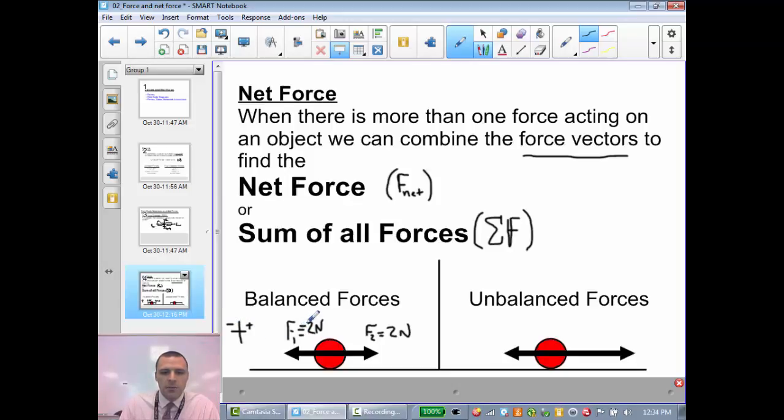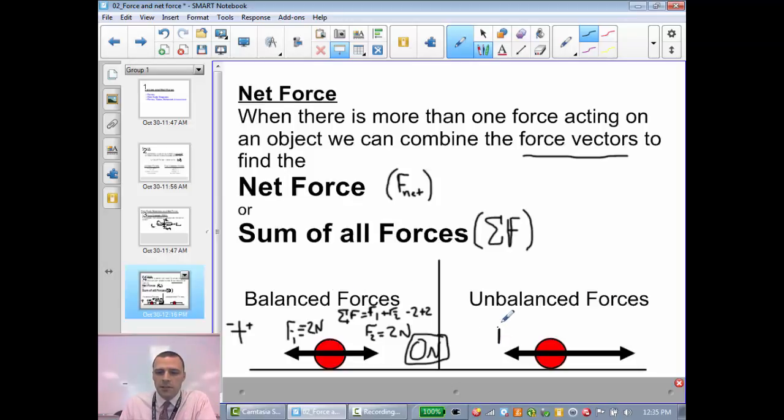F1 is going to be a negative 2. What I would discover is that for balanced forces, the sum of the forces for these 2 objects is F1 plus F2, which is negative 2 plus 2, and that equals 0 newtons. And when forces are balanced, the sum of the forces, or the net force, equals 0.